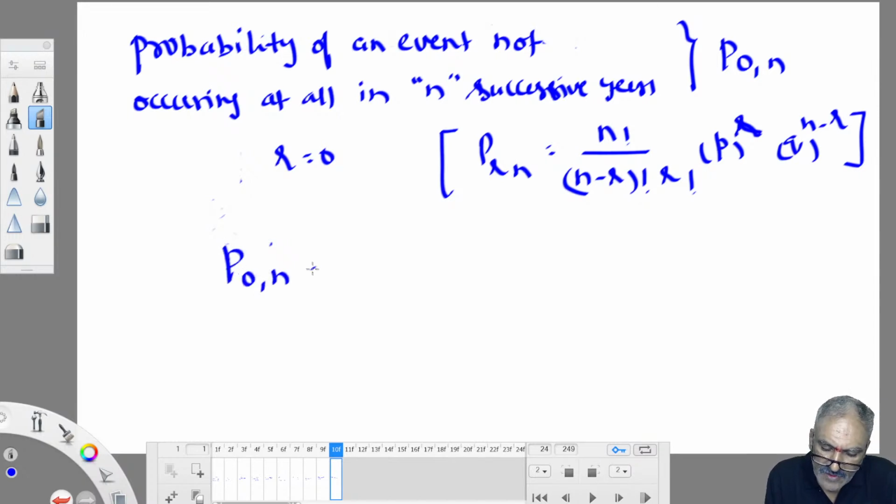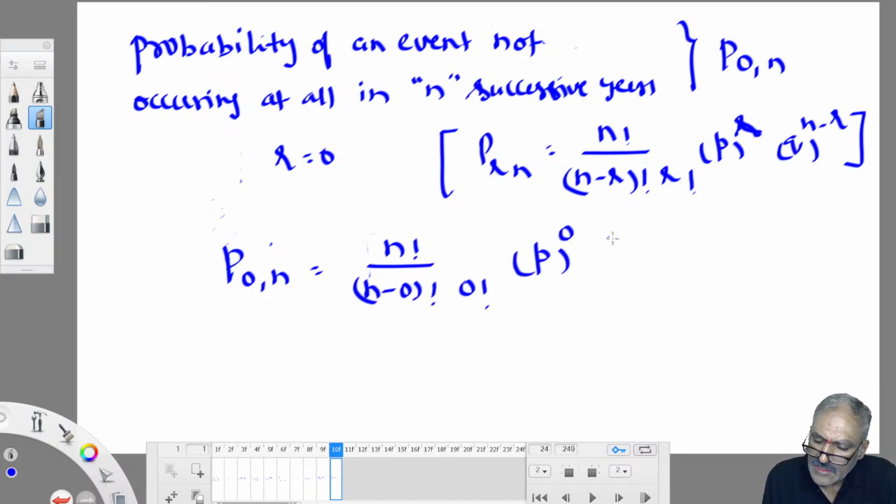The probability of not occurring an event at all in n successive years is equal to n factorial by (n minus 0) factorial into 0 factorial, p power 0 into q power n minus 0. So this whole thing becomes 1, and finally we are left with q power n. So the probability of an event not occurring at all in n successive years is equal to q power n.